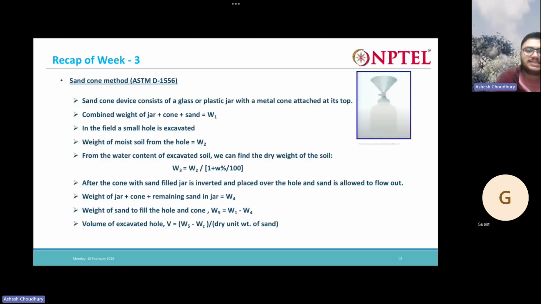So let's see the sand cone method as per ASTM D1556, the American standard which defines the sand cone method.